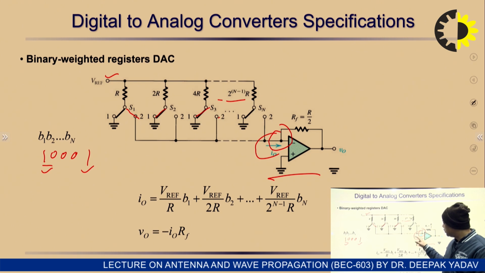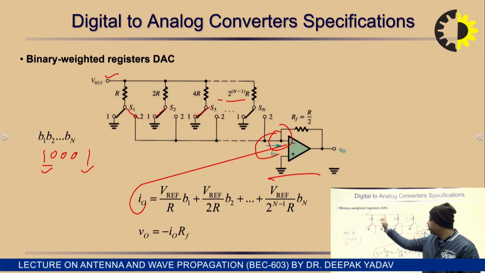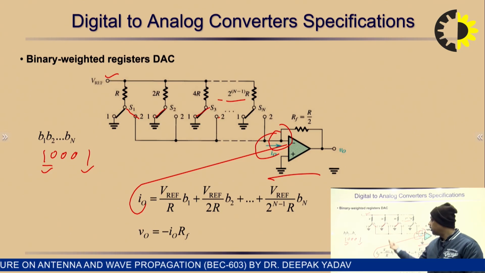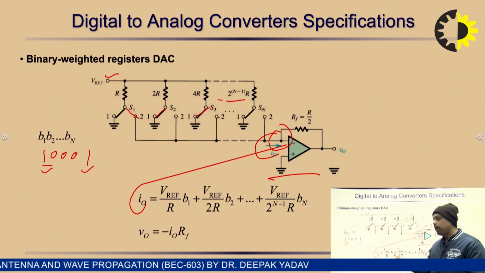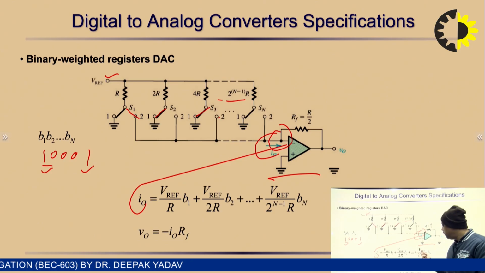This is the amount of the current that is entering, and this current is V reference divided by R, the weight of the resistance, multiplied by bit B1, then V reference upon 2R into B2, and this goes up to V reference upon 2 to the power n minus 1 R into Bn.